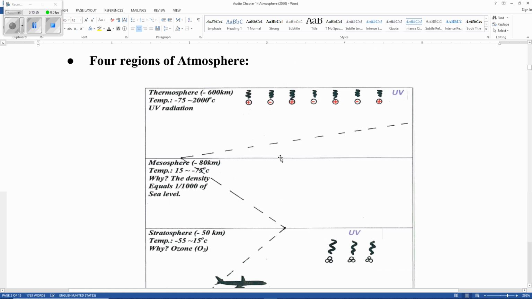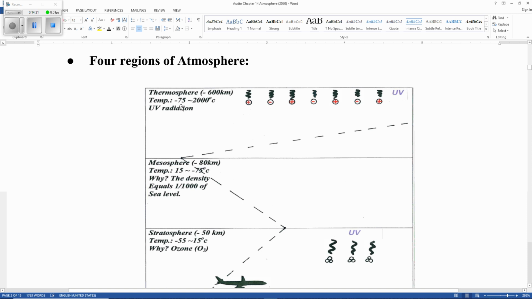So now the last one we call the thermosphere. Okay, remember this is a big one, from about 80 all the way to 600 kilometers. Above that is the vacuum, we call outer space. Okay, so now what happens to the temperature here?